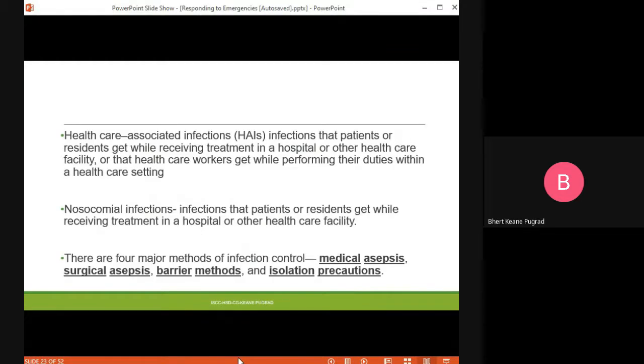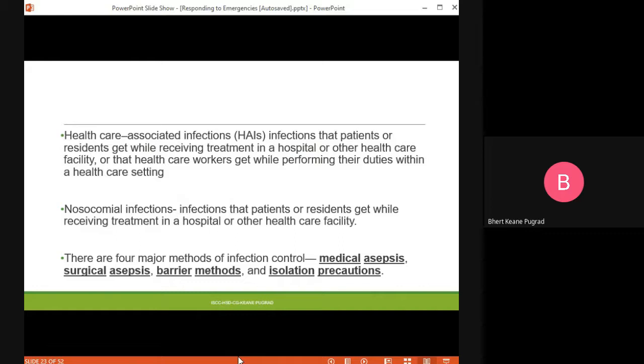Okay, since we know now the chain of infection and how to break the chain of infection, let's discuss the healthcare associated infections. So your healthcare associated infections or your hospital acquired infection. Okay, these are infections that the patients or residents get while receiving a treatment in a hospital or other healthcare facility.